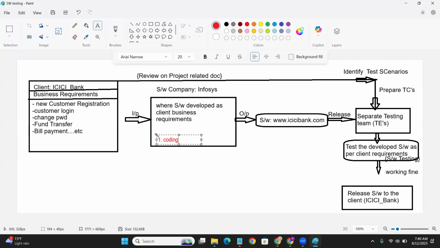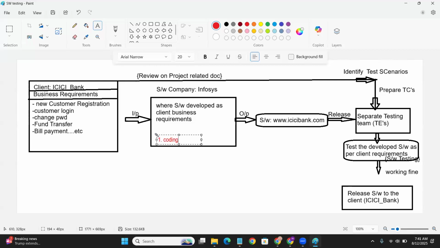Who is responsible for the coding? Developers. Generally, programming languages like Java, .NET, Visual Basic come under programming languages. Scripting languages are like HTML, XML, PHP, JavaScript. Programming languages are used to develop Windows-based applications, whereas for web-based applications they use scripting languages.